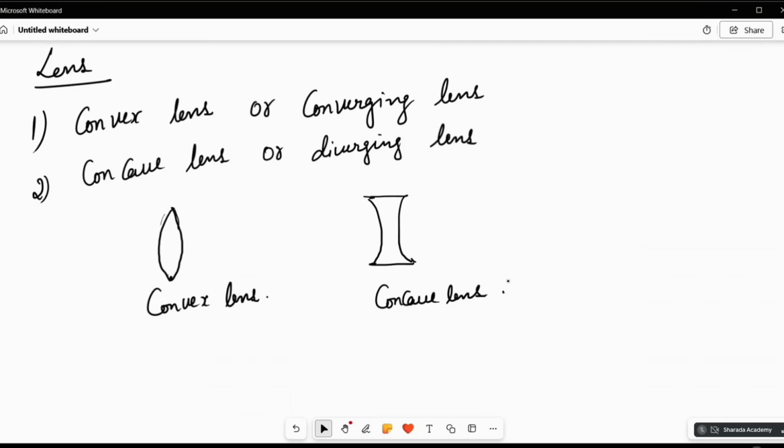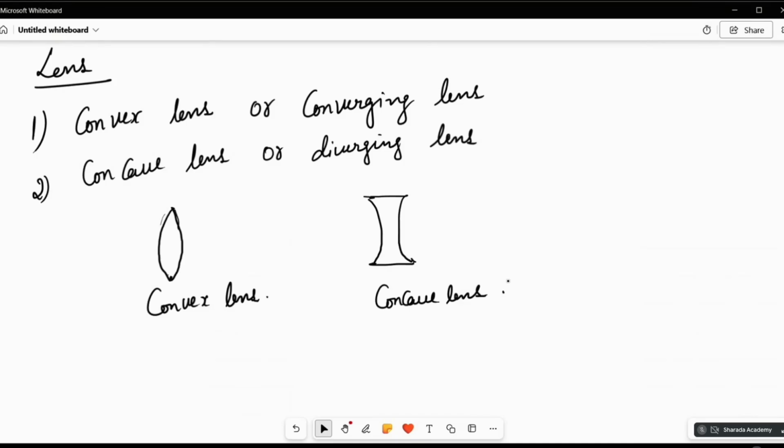But here, since it's a lens, light passes through the lens. Whatever spectacles you wear, it is a lens, not a mirror. The light passes through that lens and afterwards reaches the eyes.